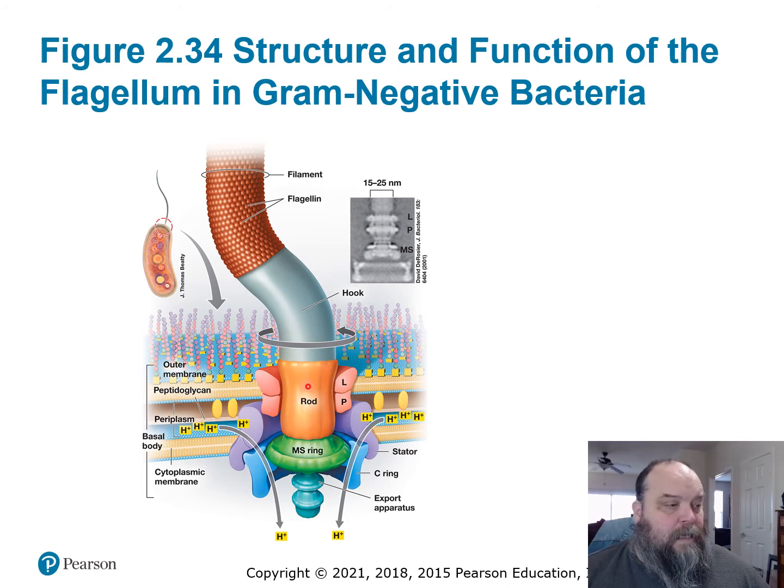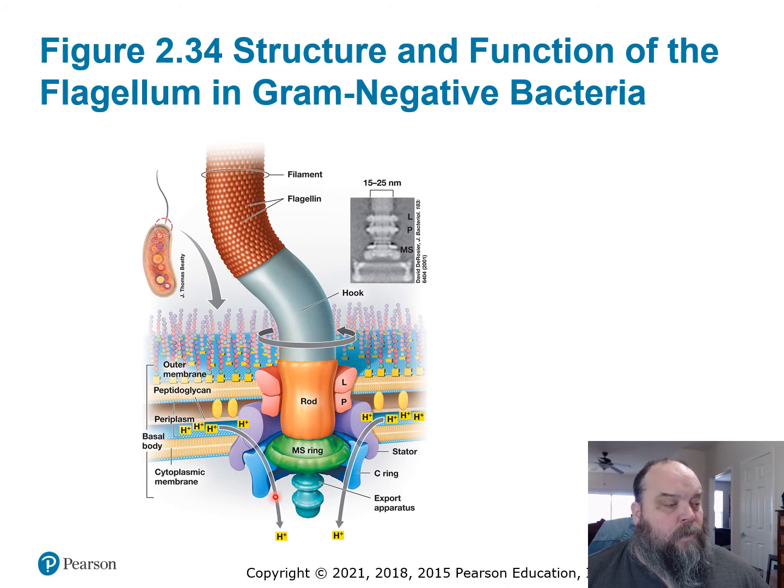The basal body is a series of rings: L, P, the stator, the C ring. The L and P anchor in the outer membrane, and the stator and the C ring anchor into the cytoplasmic membrane. Outer and cytoplasmic, looks like we're talking about gram negatives. Ding, ding, ding, ding.